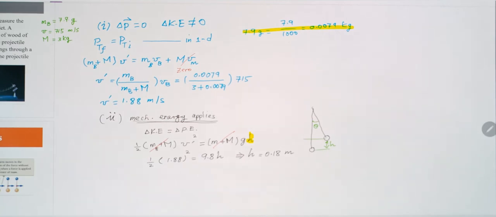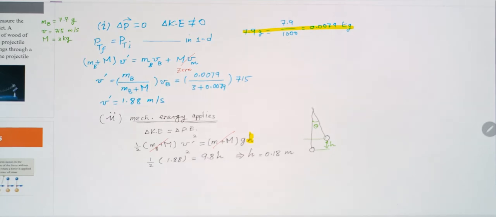Okay, so like you just said that during the collision, kinetic energy is not conserved. That's correct, because they stuck together. Can you give me another example of when the kinetic energy is conserved?